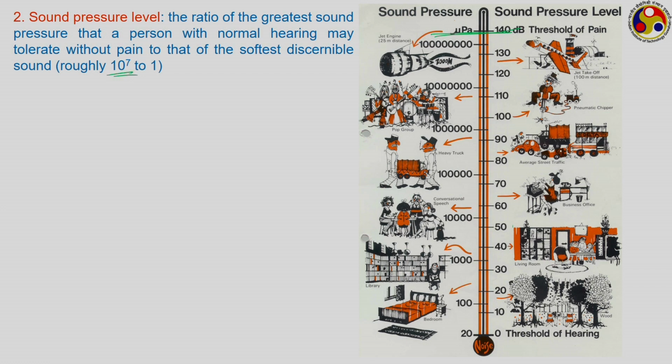If we define this ratio in terms of decibel, then the standard definition of decibel will be 10 log base 10 of P1 to P2, where P1 is the designated sound pressure corresponding to the one we are measuring, and P2 generally refers to some kind of reference.